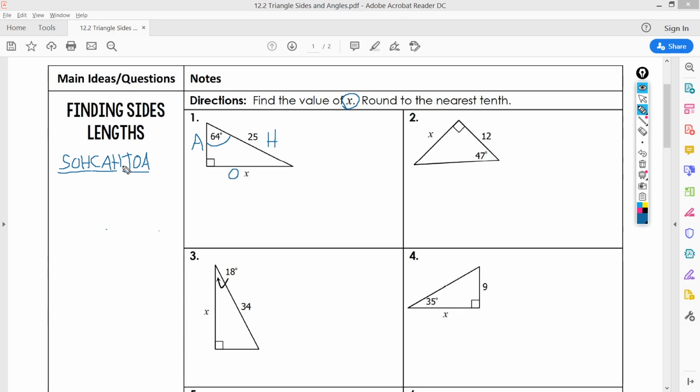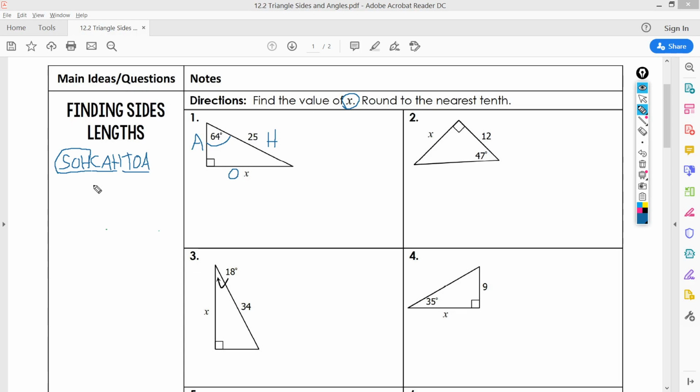So CAH cannot help us figure out x. Instead, it's going to be SOH or TOA. And in this situation, we don't know A. A is unlabeled. So it's not going to be TOA. Instead, we do have the value H. H is 25. So I want O, and I have H. So it's going to be SOH.